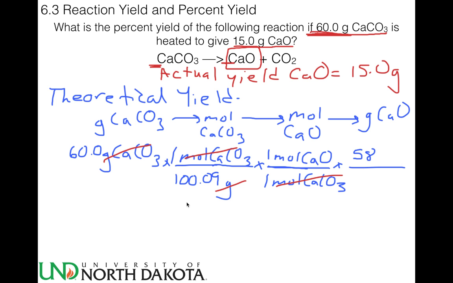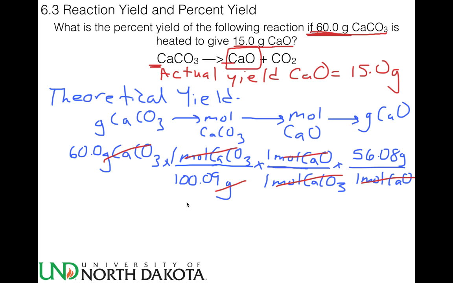I'll put those 56.08 grams on top, the 1 mole of calcium oxide on bottom. Moles of calcium oxide are gone, and now we're left with our units grams of calcium oxide. So grams of our product.